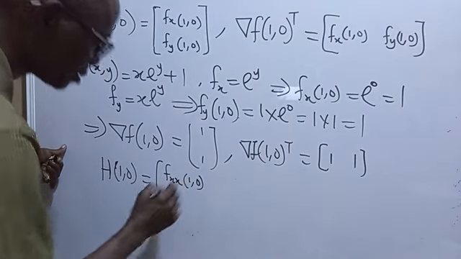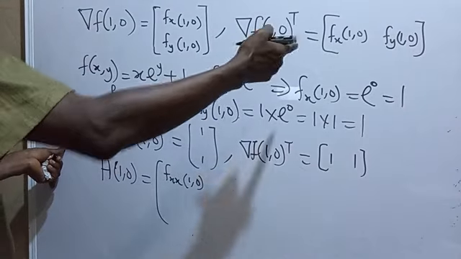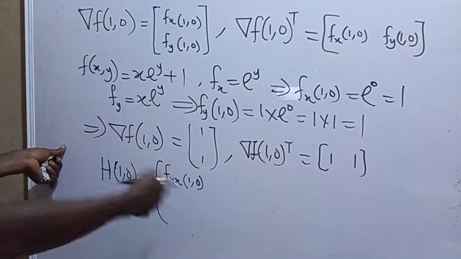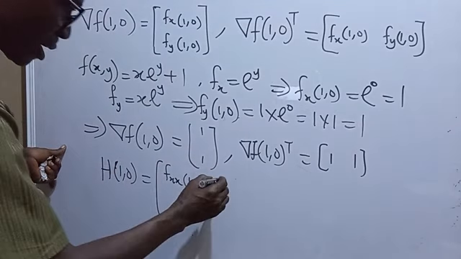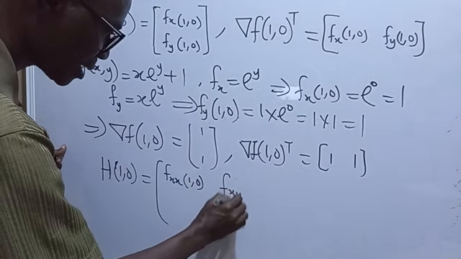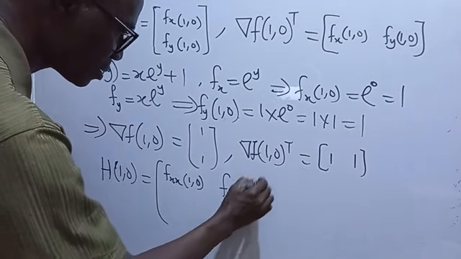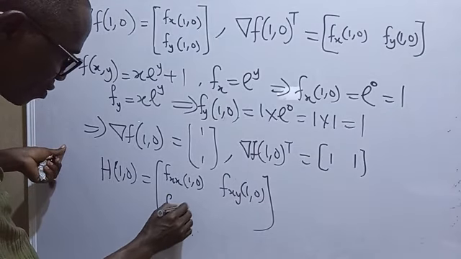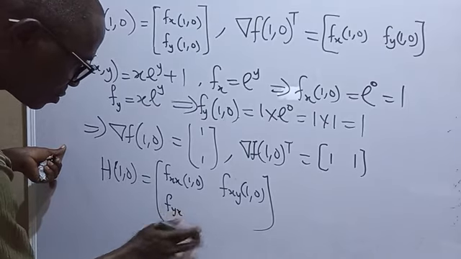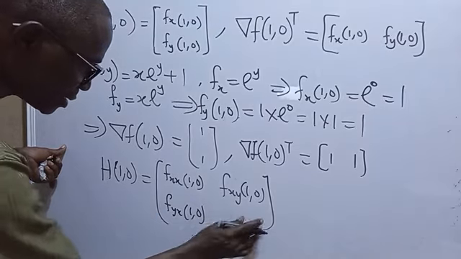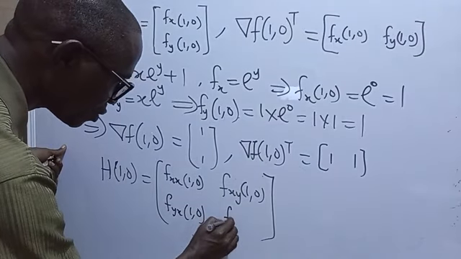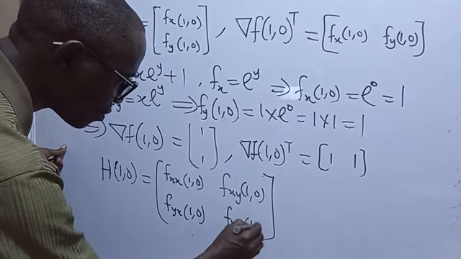You can see that we use gradient for only first order. But now when it becomes second order, we use Hessian. We have f_xy at 1 comma 0, then we have f_yx at 1 comma 0, and f_yy at 1 comma 0. I'm just writing this for more clarification.